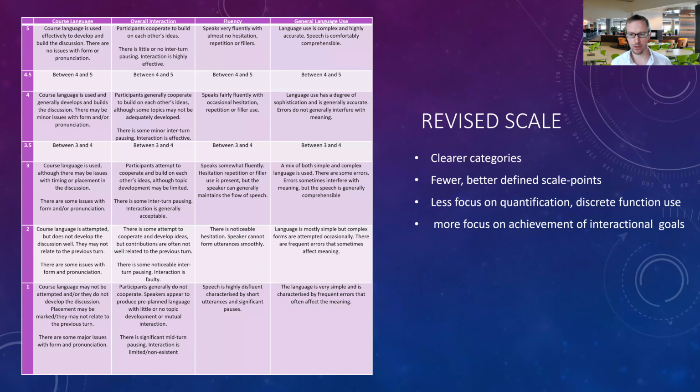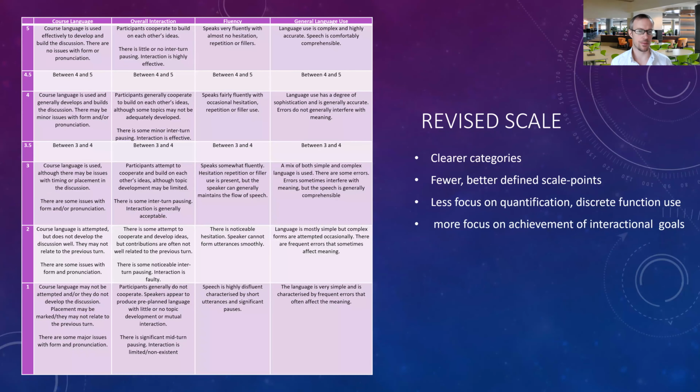We had less focus on quantification and on just using as many questions as possible, and instead focused more on the interactional aspects of question use. So we're working towards the bigger picture of interacting well, rather than simply using as many questions as you can in 5 minutes. That's what we came up with.